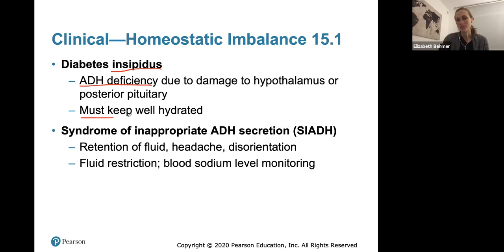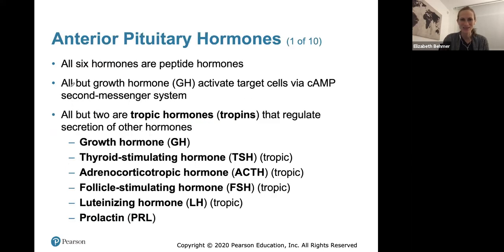So these people must maintain their hydration levels, must constantly be drinking. They could be disoriented. So this is diabetes insipidus due to ADH deficiency. Maybe a test question. I don't know. I can't remember all the test questions, but I'm trying to help you out too.